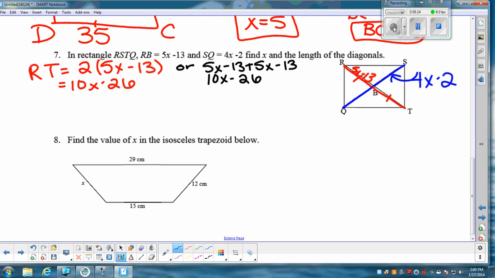So then we know our diagonals are congruent since we have a rectangle. We know RT is 10x minus 26. SQ, which was given to us, is 4x minus 2. We set them equal to each other and solve.